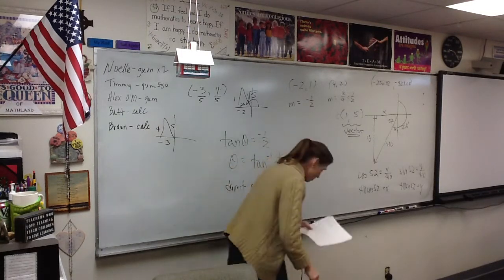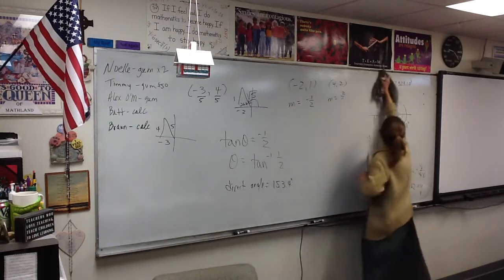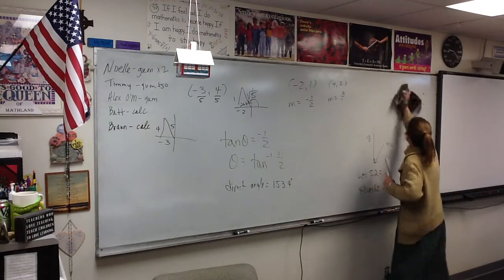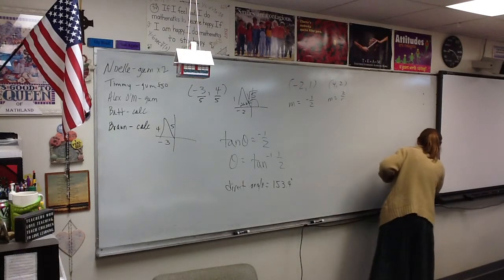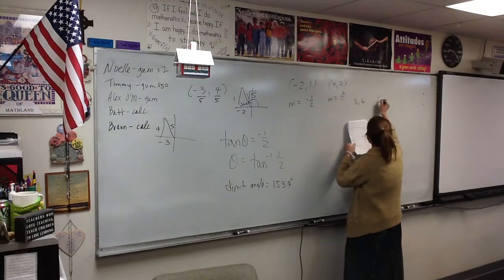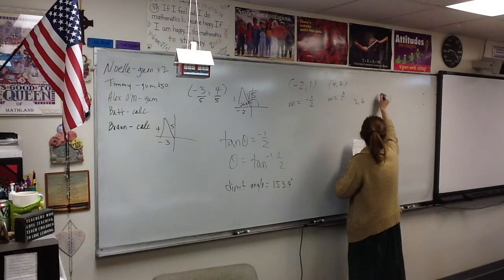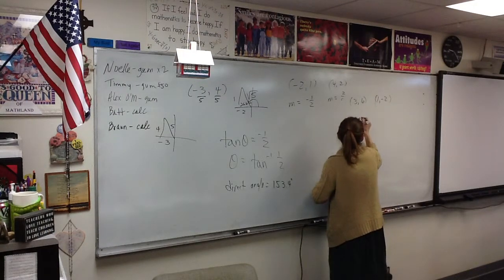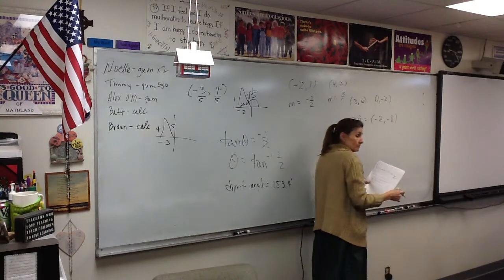Okay, then last problem. Are these guys equal to each other? Yes. Well, we need the coordinates of AB. So we're going from 3, 6 to 1, negative 2. What are those coordinates? Negative 2, negative 8.